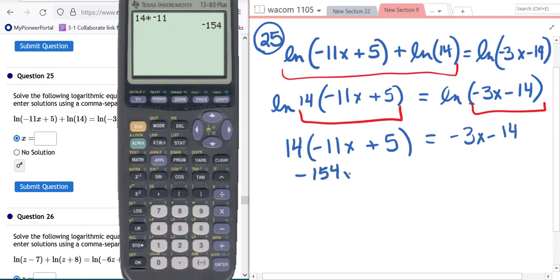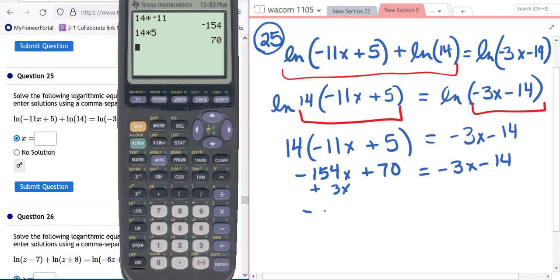And you can tell in these, some of these numbers are nasty. So you have 14 times 5 is 70 plus negative 3x minus 14. So I'm going to add a 3x to both sides.